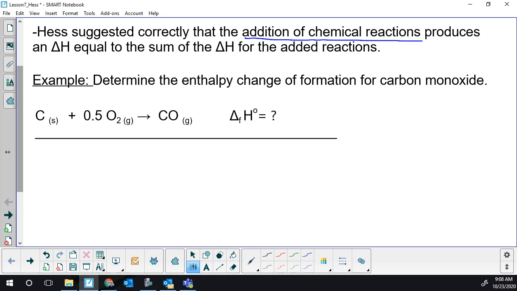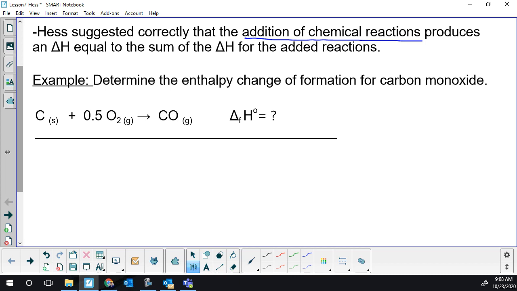This is incomplete combustion, and there's no way you're going to get 100% incomplete combustion. You're going to get some carbon dioxide as well as some carbon monoxide. So you're just never going to be able to do this reaction exactly as is 100%, maybe 50-50.